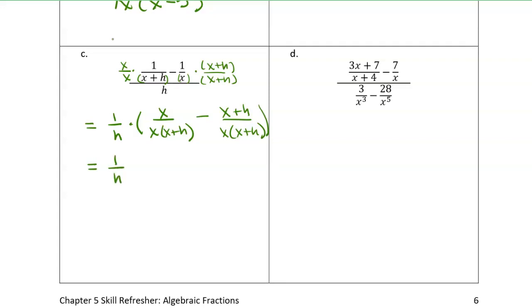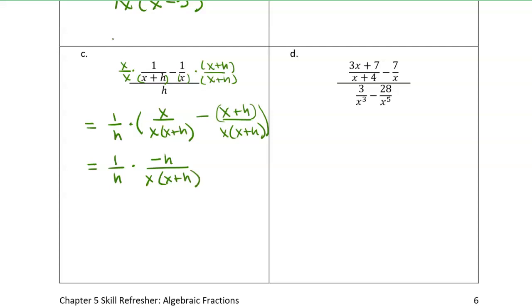I'm just going to keep this 1 over h here. And okay, so remember you have to subtract the whole numerator. All right, so I have x minus x and then a minus h. So what I have left in the numerator is just minus h. And then in the denominator, that's just going to be x times x plus h.